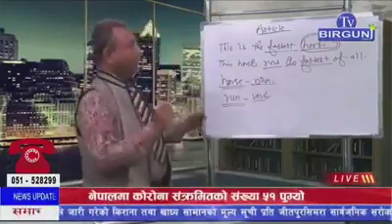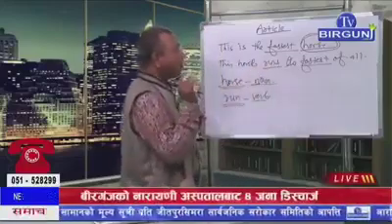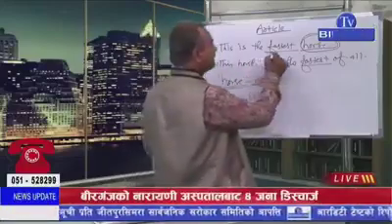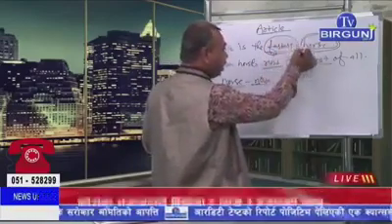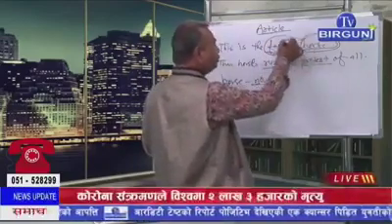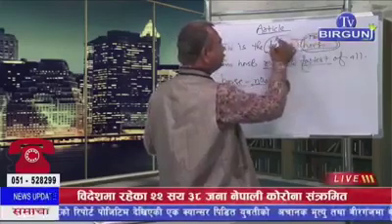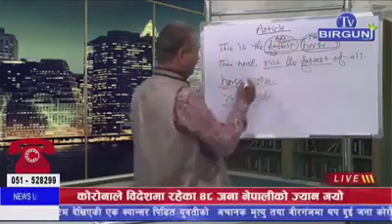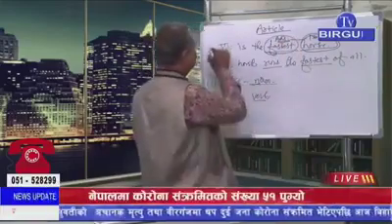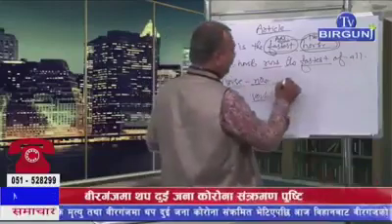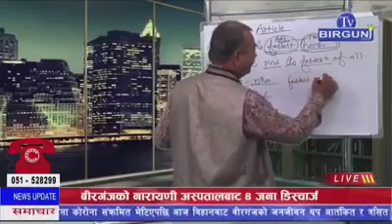Then you have to see which role is being played by this word fastest. This word fastest has come before the horse, which is a noun. So when a word comes before a noun, that word becomes an adjective. So here in the first sentence, fastest is an adjective.